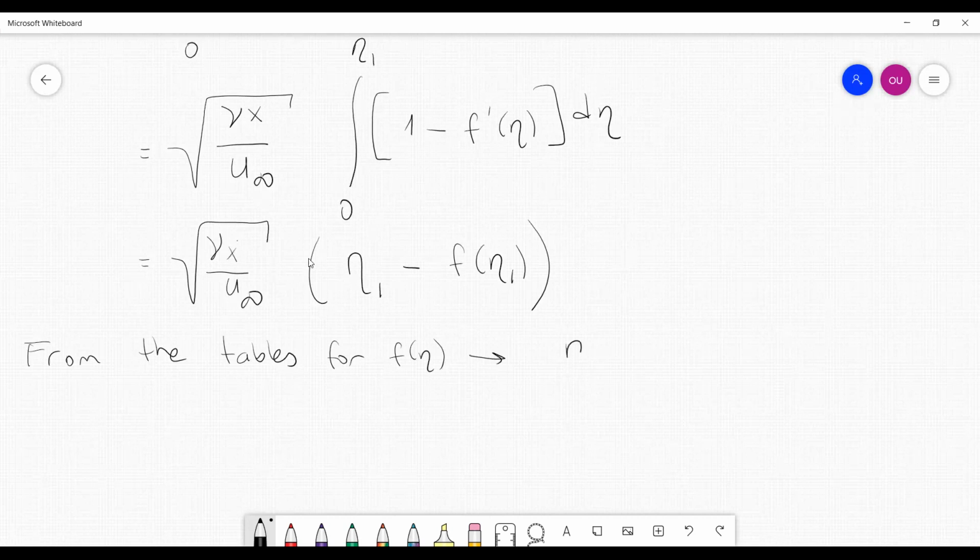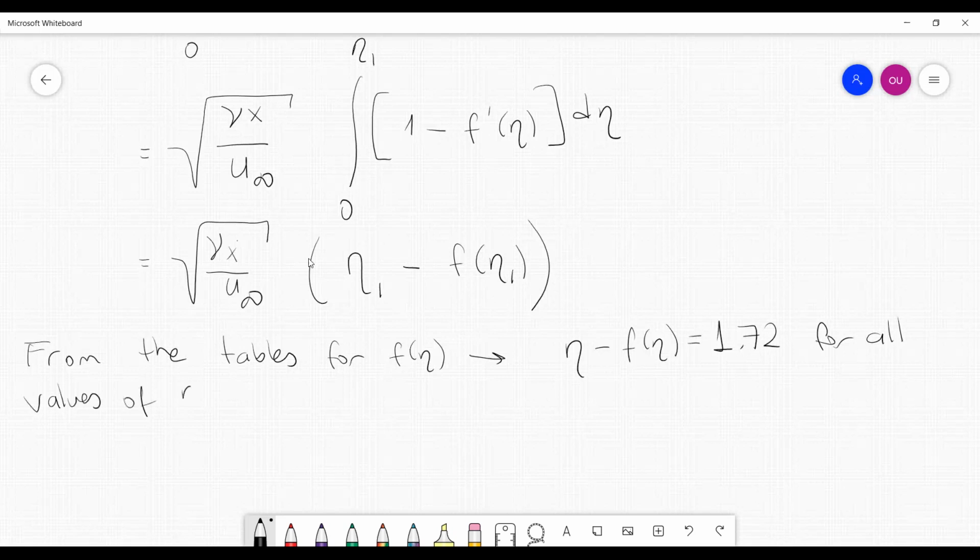The value eta minus f of eta is always equal to 1.72 for all values of eta above 5. When we are above 5, if you remember from a few minutes ago, we are basically outside the boundary layer. So eta equal to 5 is kind of the edge of the boundary layer.